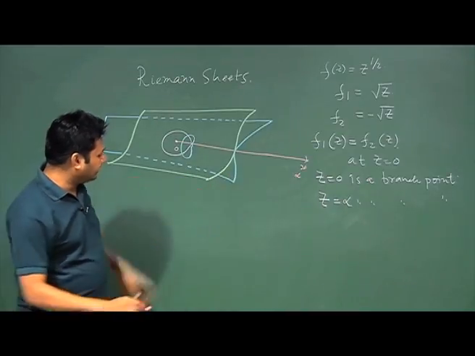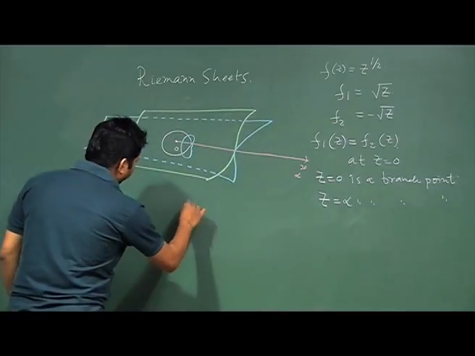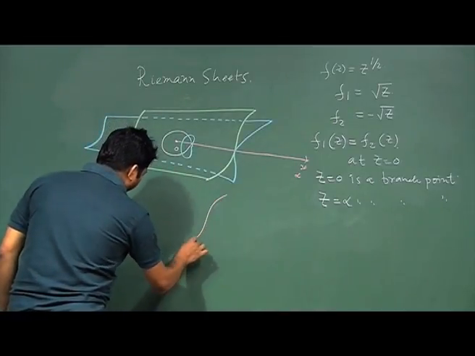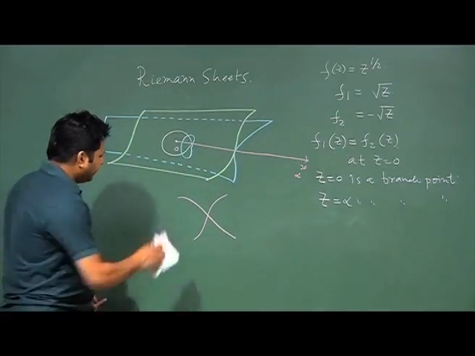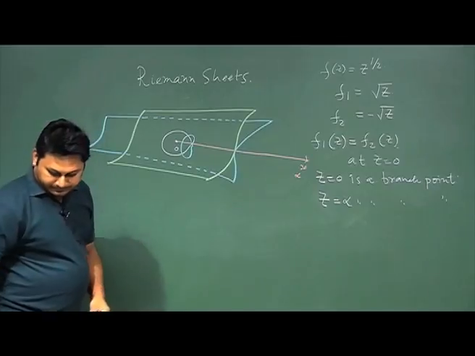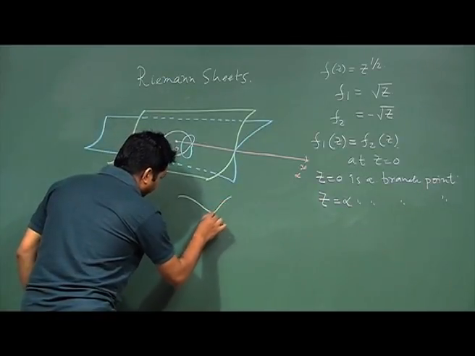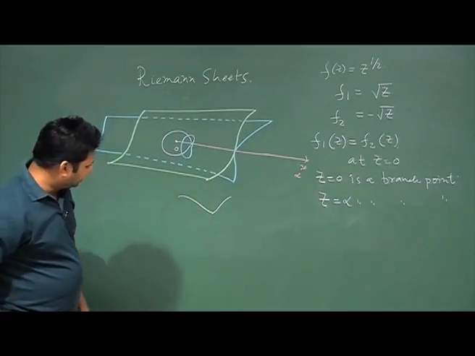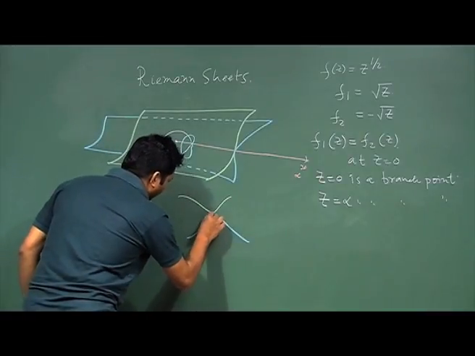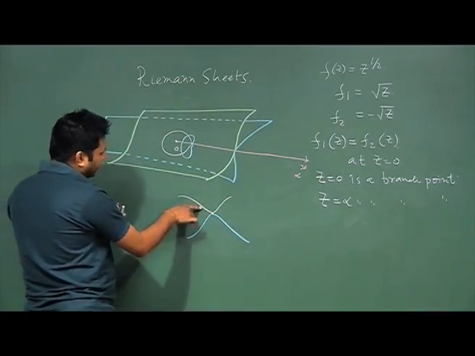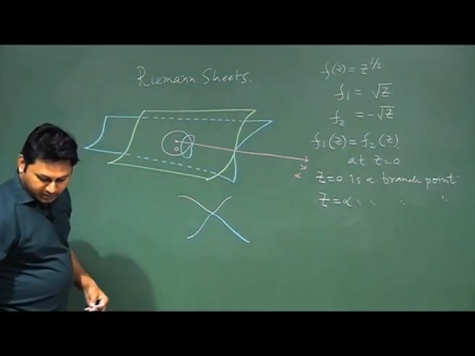If you look at this from this side, it will be something like this. Let me draw this in this way. This is my first sheet and my lower sheet is something like this. Here it is glued. The point was initially here, and when it is rotated and crosses this line, because it is glued, it slides down to the next one.